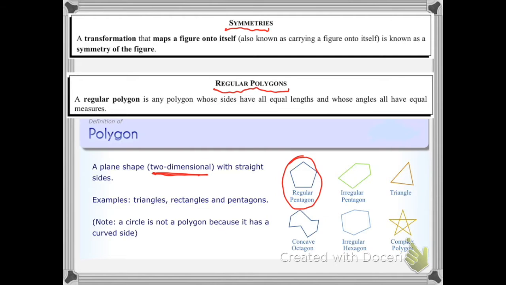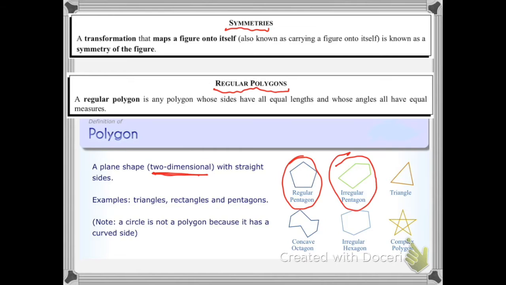So a regular polygon would be a two-dimensional shape where all of the sides and angles are equal. For example, this shape here is a polygon, but it's not a regular polygon because the sides are not the same. It's called irregular.